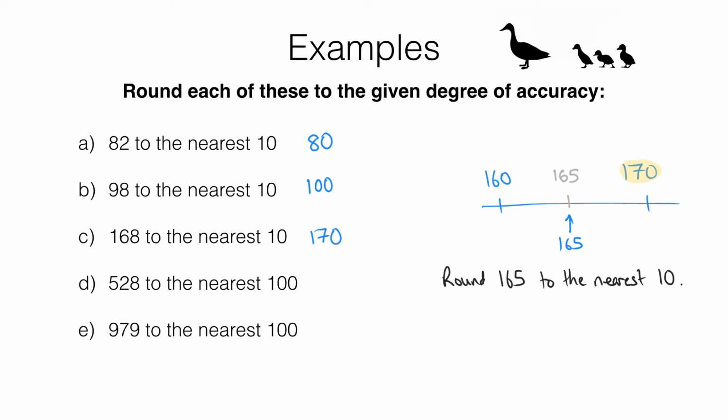Now, it's equally close to 160 and 170. So it doesn't really make sense to say which one of these is it closer to. But mathematicians have decided that whenever that happens, what we do is we round it up to the larger option. So we would say 165 rounds to 170 to the nearest 10.